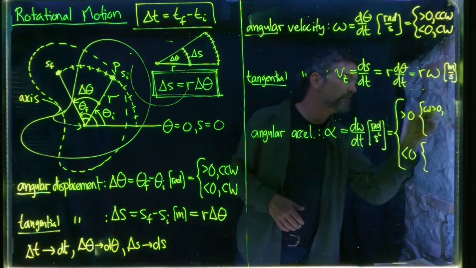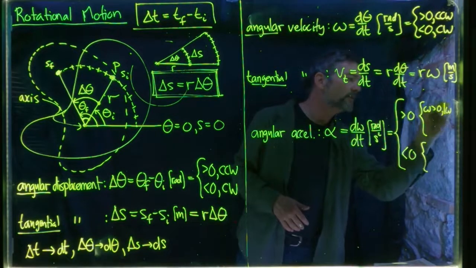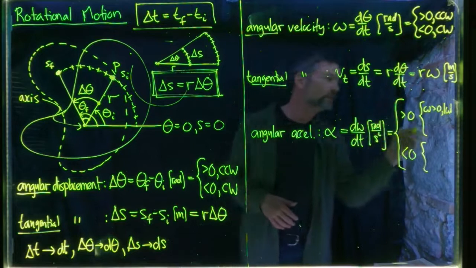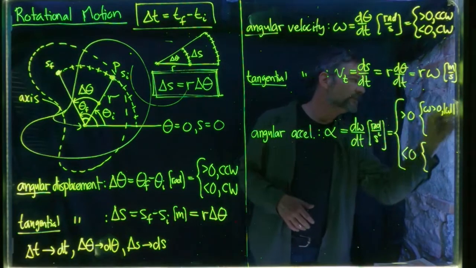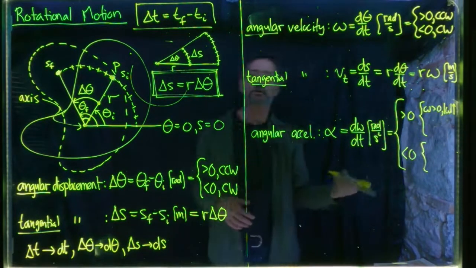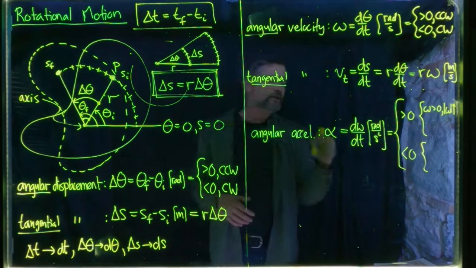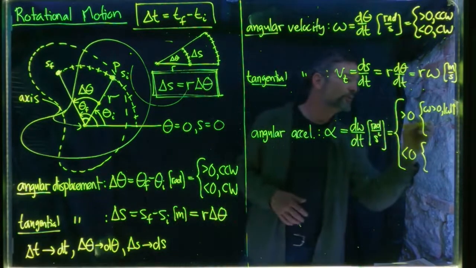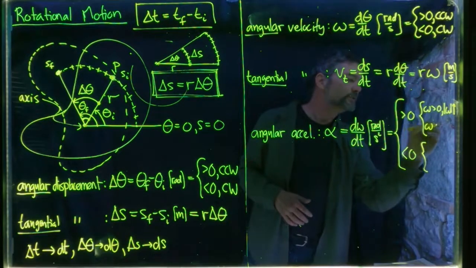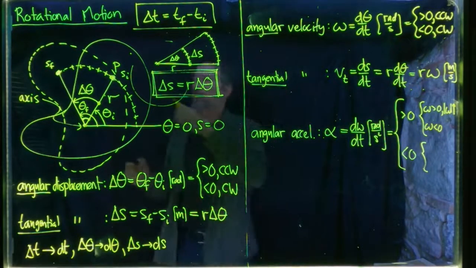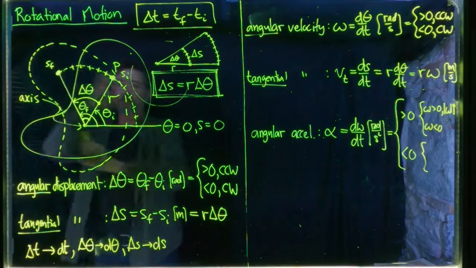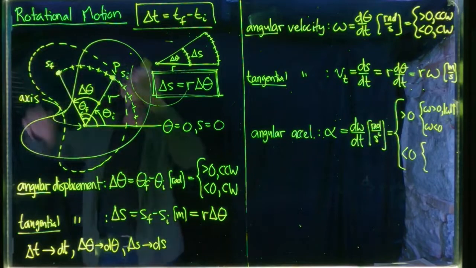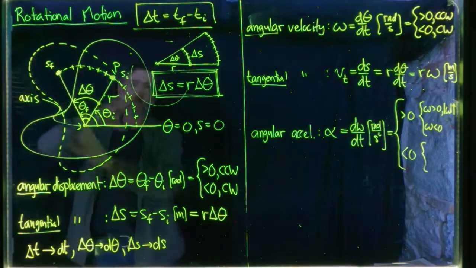So if omega is initially positive and the magnitude of the angular velocity, the angular speed, is increasing. Okay, so an upwards arrow indicates increasing. But the angular acceleration can also be positive if you start with the angular velocity negative. Okay, so the object is initially rotating, say, really fast in the clockwise or negative direction, but it's slowing down.